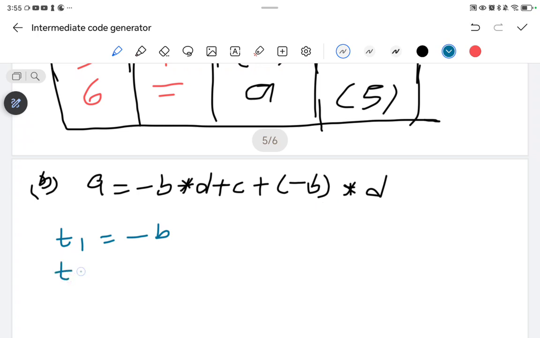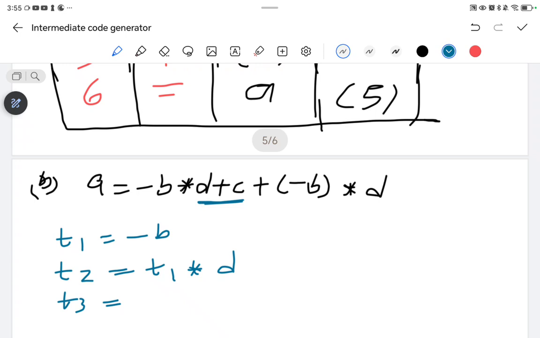Then T2, the one that comes first, the one which has a higher precedence between plus and minus, is the times one, you see. So I'm just going to say T1 times D, you see, right? Then I come to T3. Now I need to go this side, taking the one going to the left.